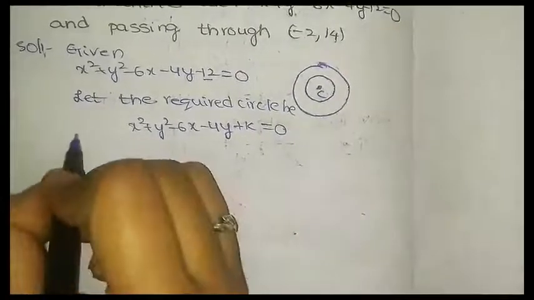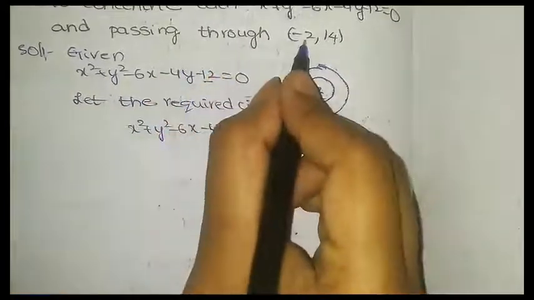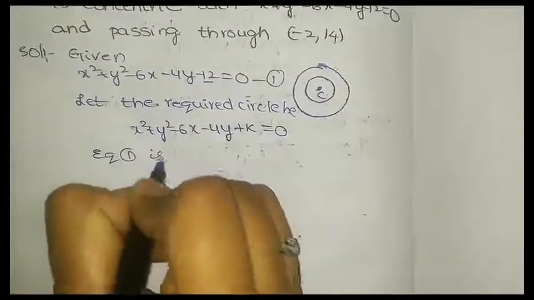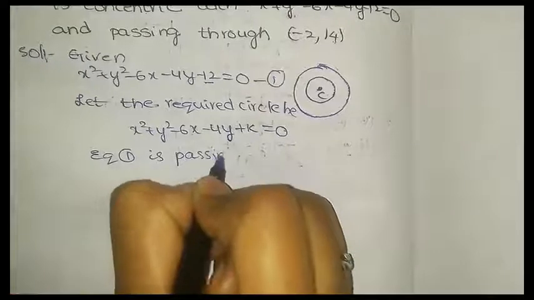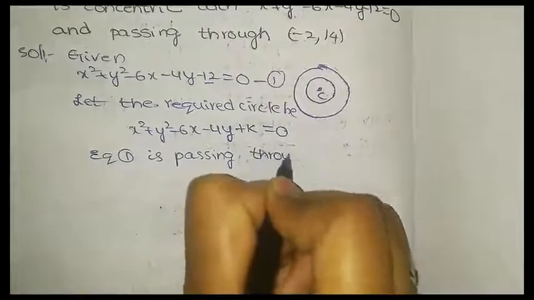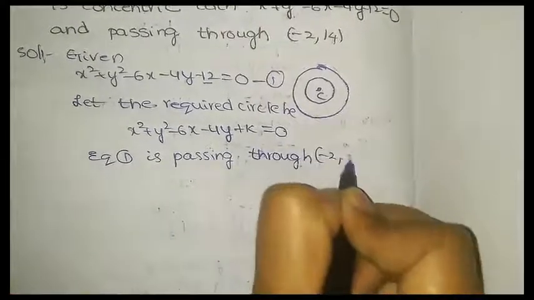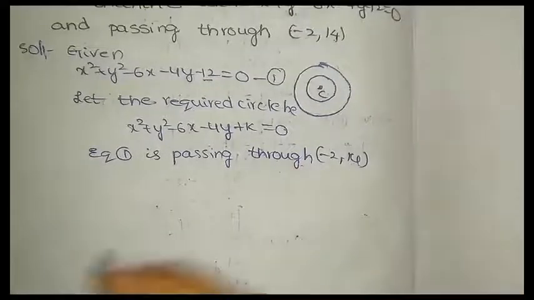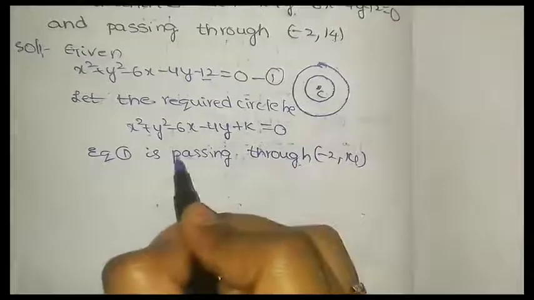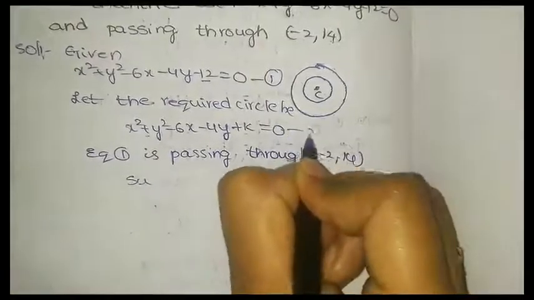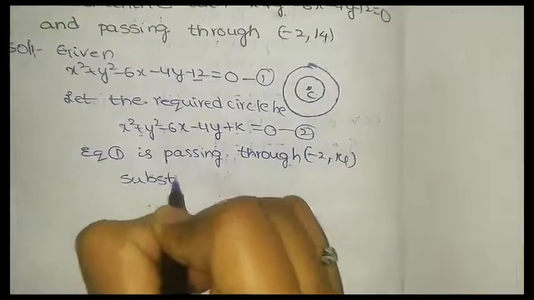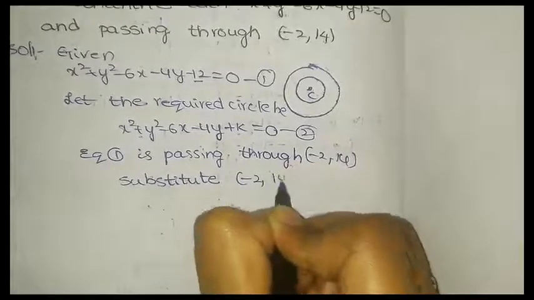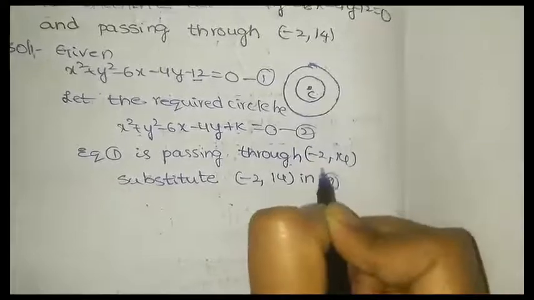Now they gave that it is passing through minus 2 comma 14. This is equation 2. So it also passes through this equation. So substitute minus 2 comma 14 in equation number 2.